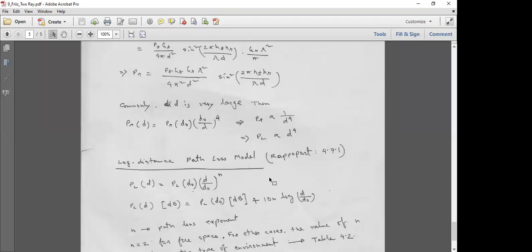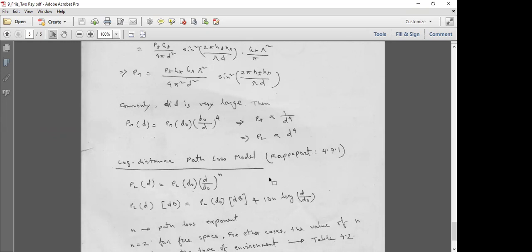When you have many reflected, diffracted, or scattered rays because of the presence of many different objects around, you get many other rays. So the overall path loss will have some exponent of d.